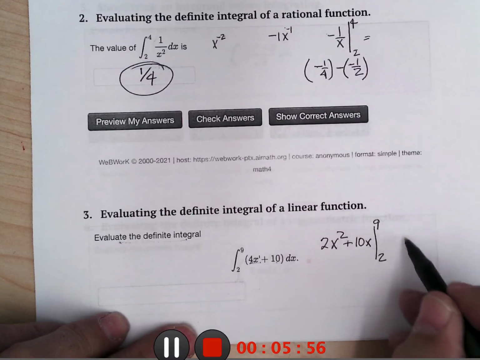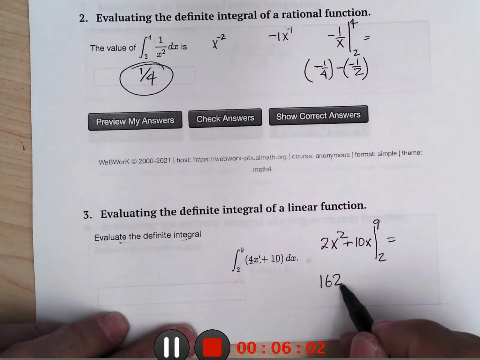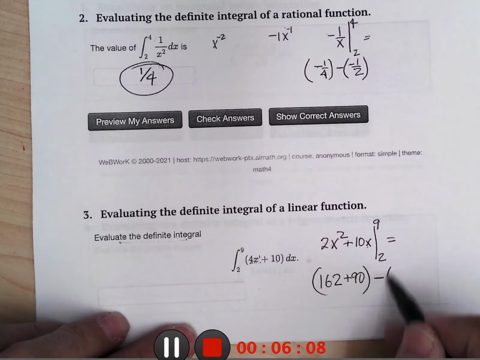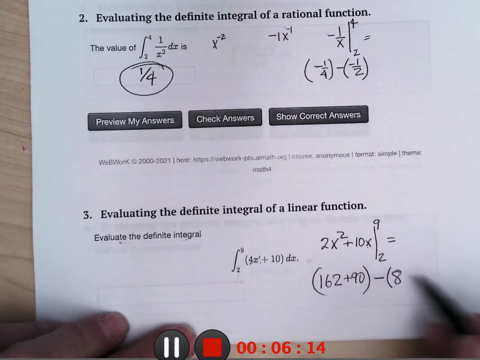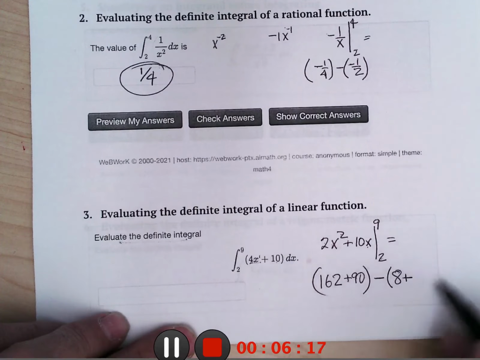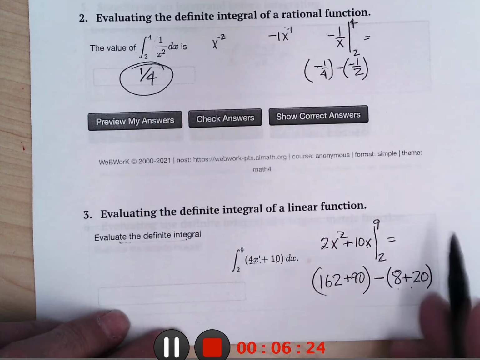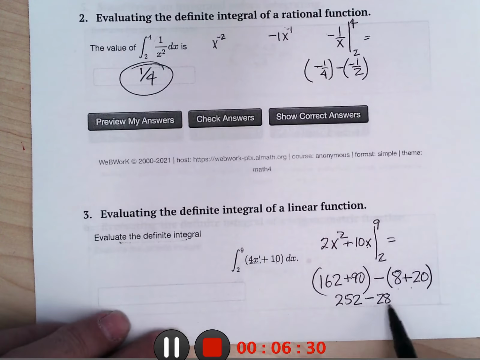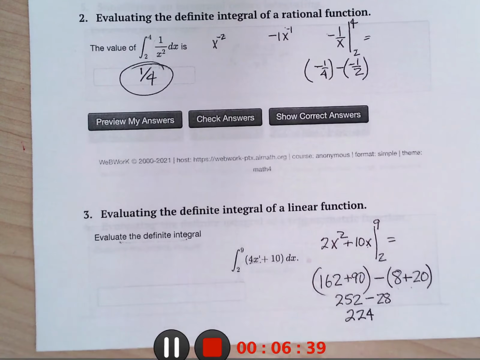So I put in 9, and I got 81 times 2, 162, plus 90 minus 4, 2 squared is 4 times 2 is 8, plus 20, so 28, and this is 252 minus 28, which is 224, I believe.